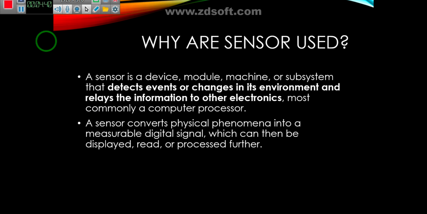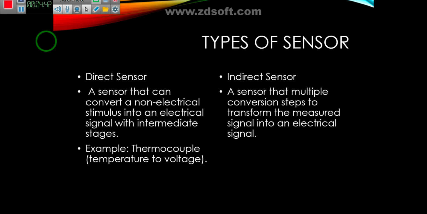We go to the next part, the types of sensor. There are two types of sensor: direct sensor and indirect sensor. A direct sensor is a sensor that can convert a non-electrical stimulus into an electrical signal without an intermediate stage.